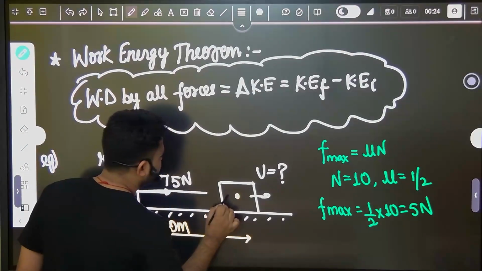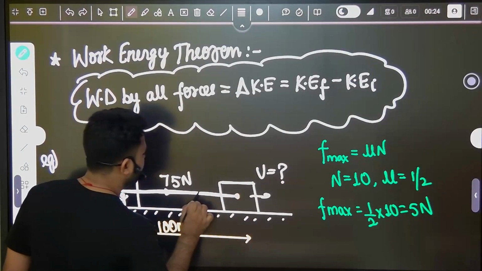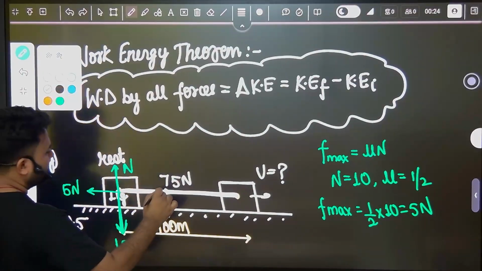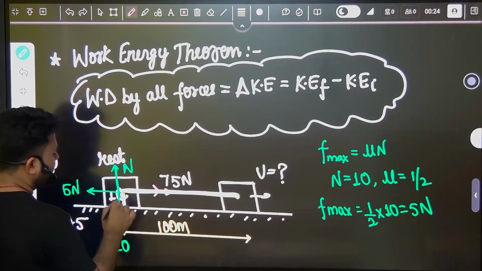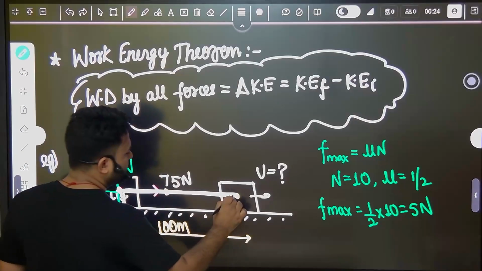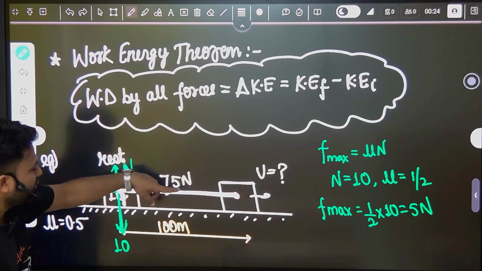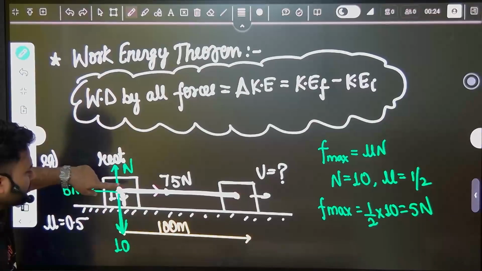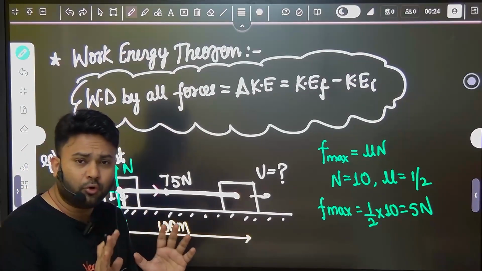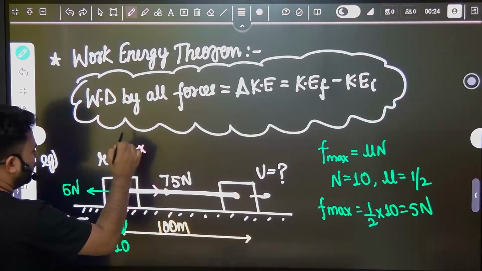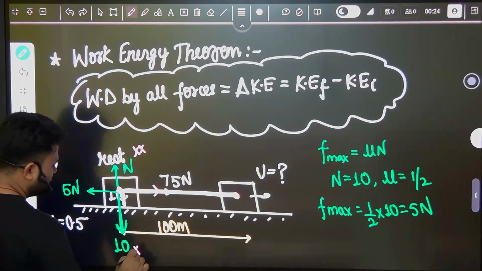This is our displacement vector from here to here. This normal force is perpendicular to this displacement, and mg is also perpendicular to this displacement. There will be no work, angle 90 degree. So there will be no work due to normal and due to weight.